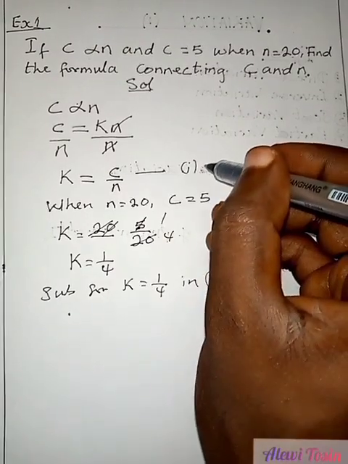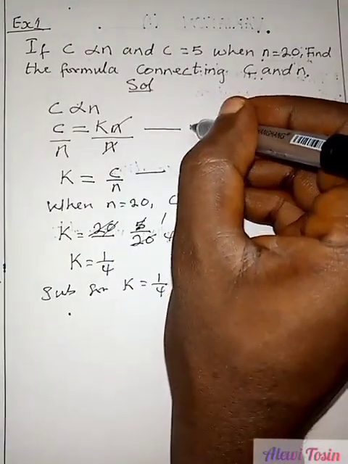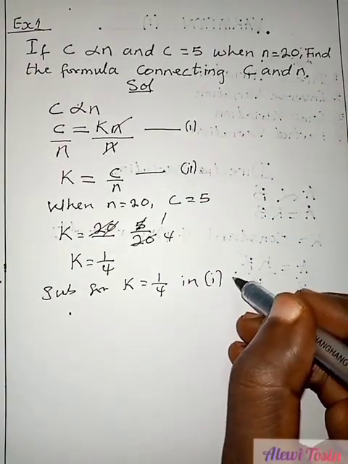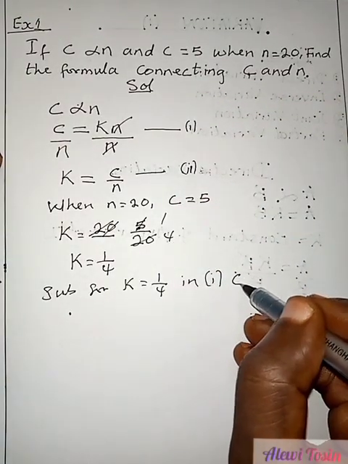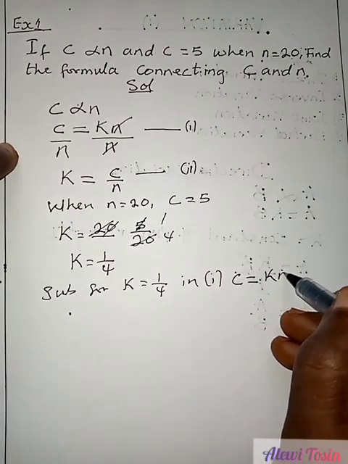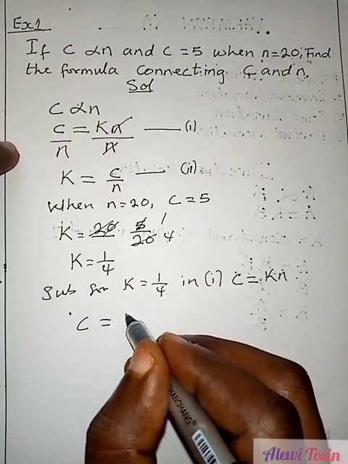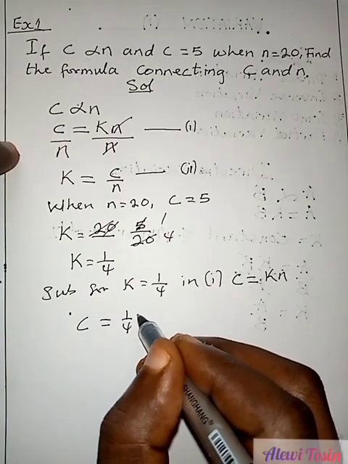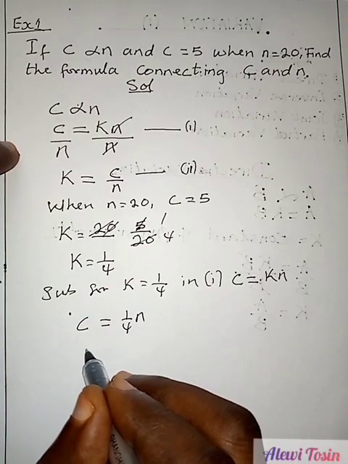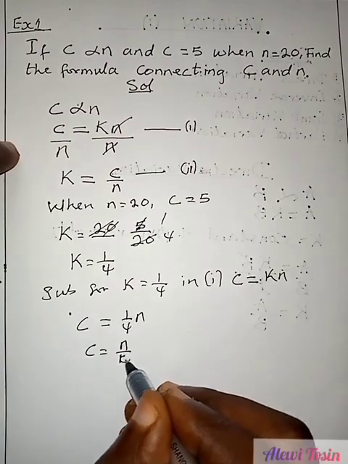Our equation 1 should be the beginning, which means they're telling us to solve for C. K is equal to 1 over 4 in C equals KN. So it will be C equal to, what is your K? 1 over 4 N, which is equivalent to saying C is equal to N over 4.